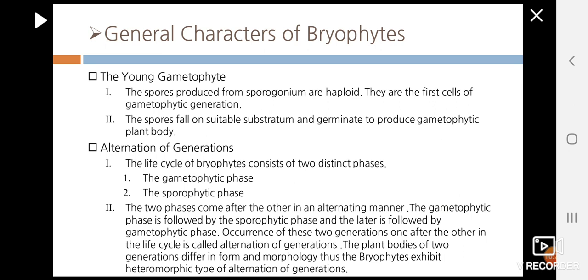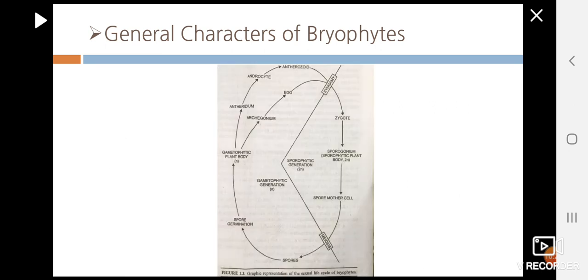You can see here how we show the alternation of generation. So in this case, you see that there are two distinct phases, the sporophytic phase and the gametophytic phase, or the sporophytic generation and the gametophytic generation.